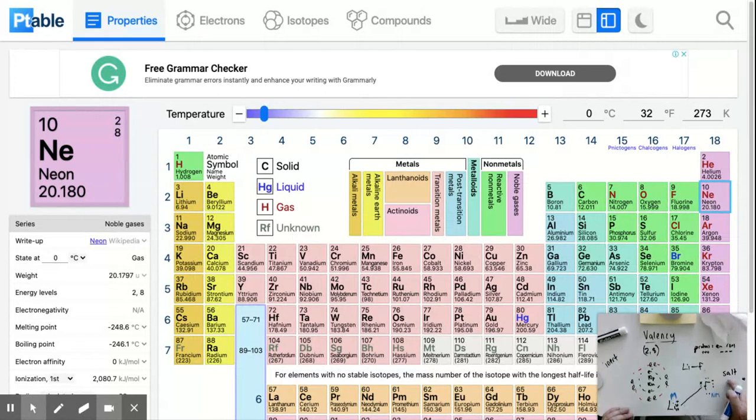This type of bond that forms a salt is called an ionic bond, because both of the things that are formed have become ions, and the electrostatic attraction between the positive and the negative pulls them together.